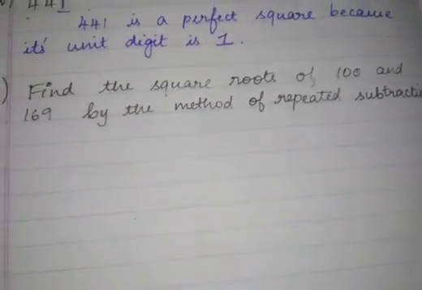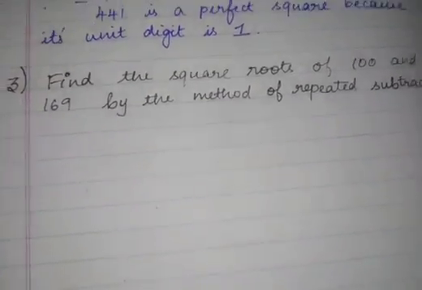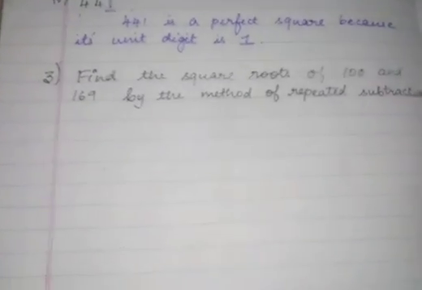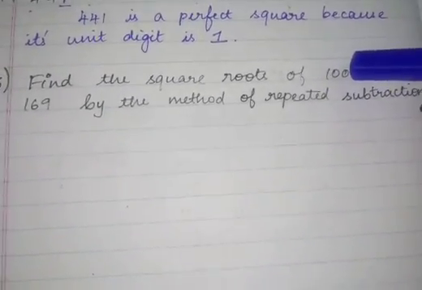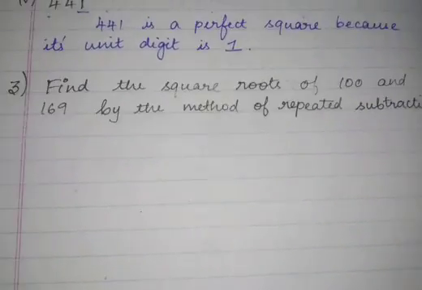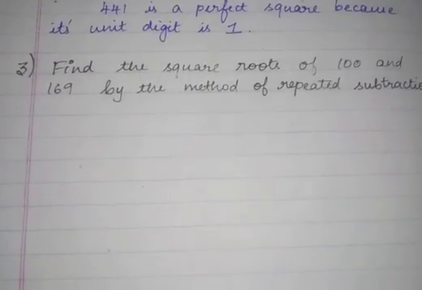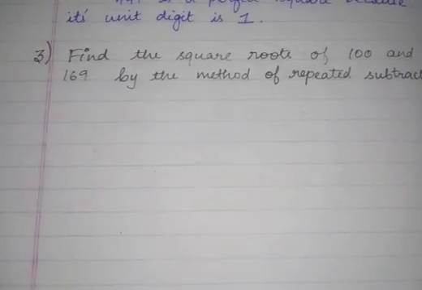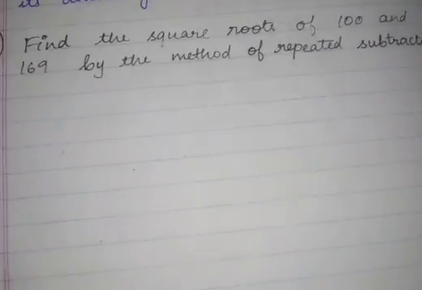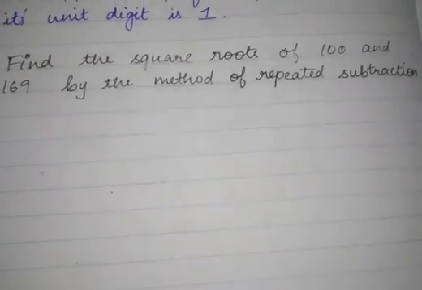We have to subtract from the given number the odd numbers, starting from the first odd number, till we reach 0.